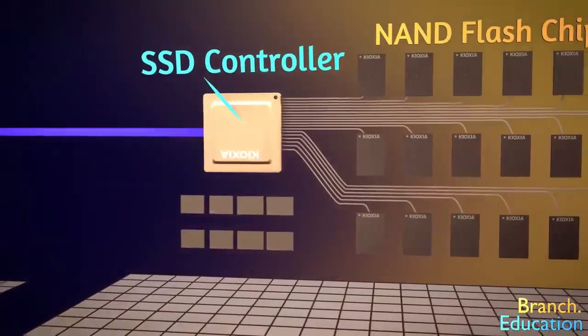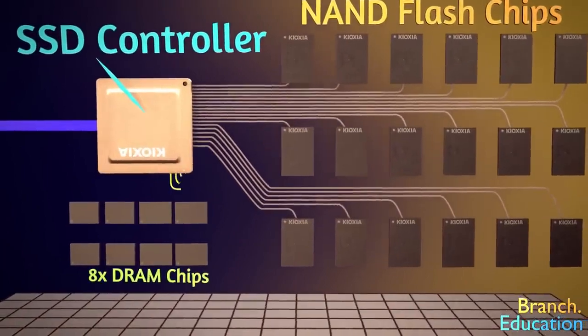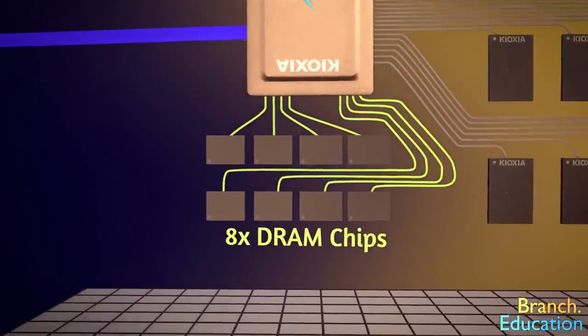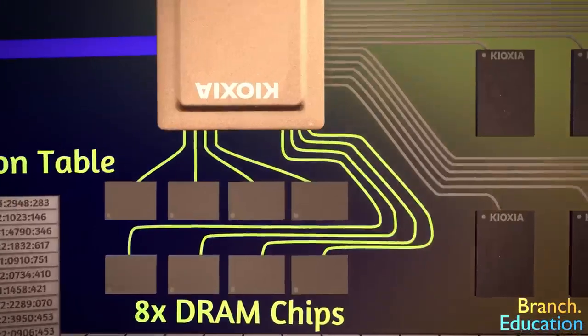Aside from the 18 NAND flash chips and the controller, the other main components are the 8 DRAM chips, which serve as a memory buffer for holding the massive lookup tables or translation tables that tell where all the information is stored. We'll get into what this lookup table does shortly.